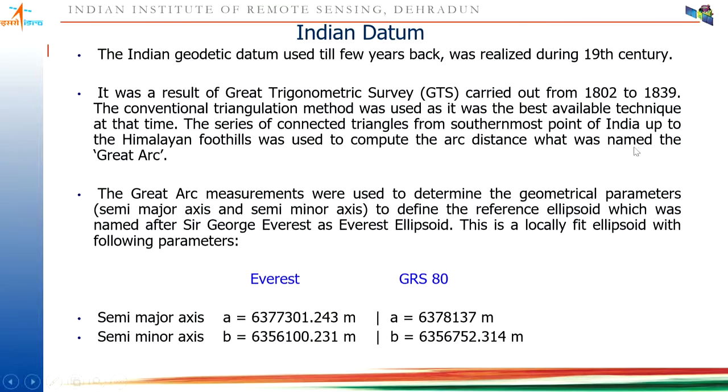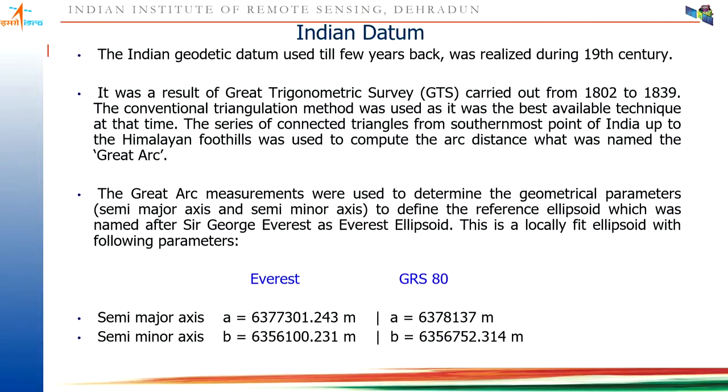About the Indian datum, as I was stating, a locally developed best fit ellipsoid was there. The Indian geodetic datum used till a few years back was realized during the 19th century. It was a result of the great trigonometric survey carried out from 1802 to 1839. The conventional triangulation method was used and it was the best available technique at that time.